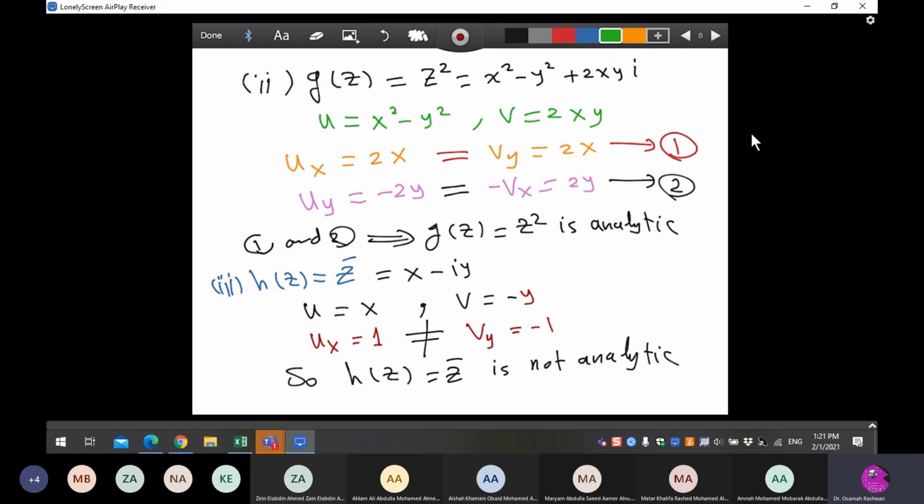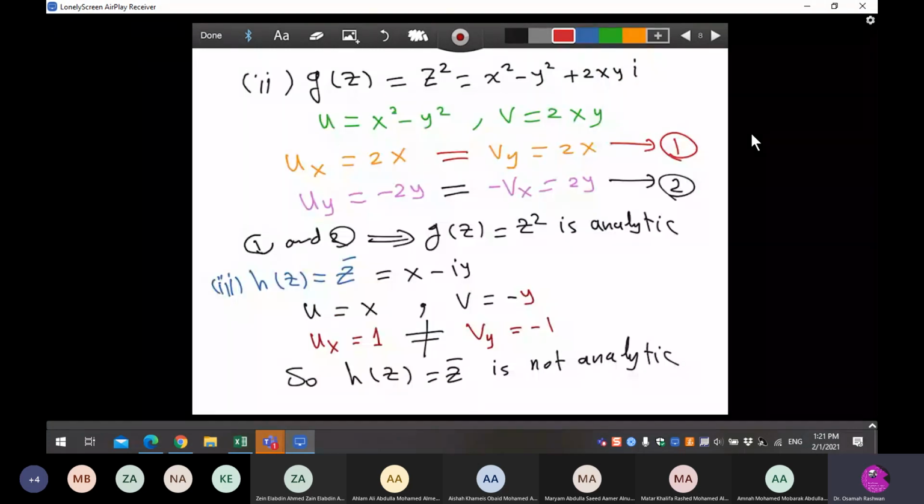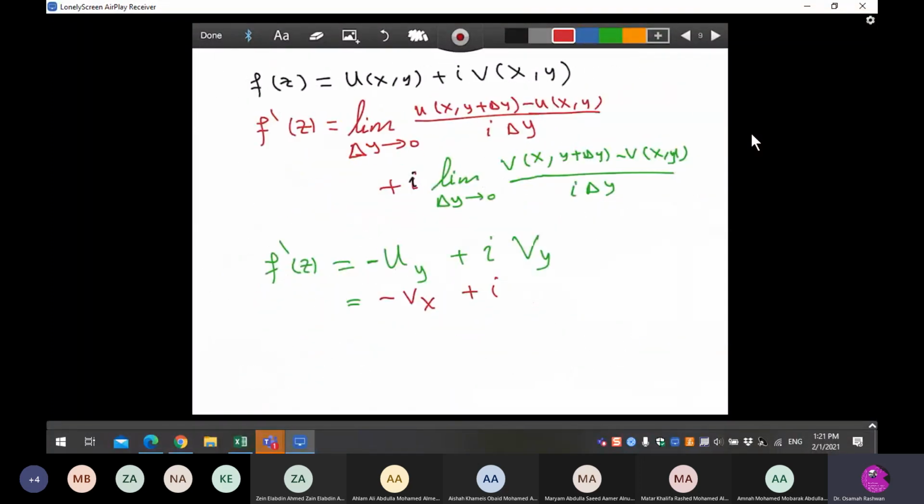It is minus vx, right? So this one will be minus vx plus i. What is vy with the Cauchy-Riemann? vy equal to ux, right?